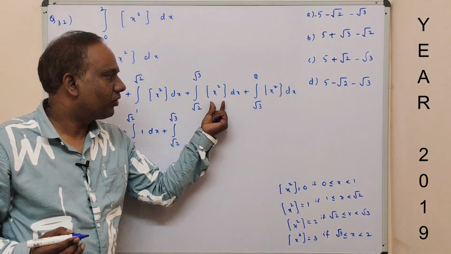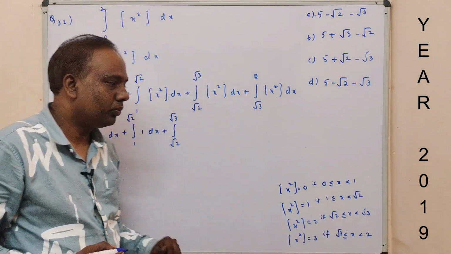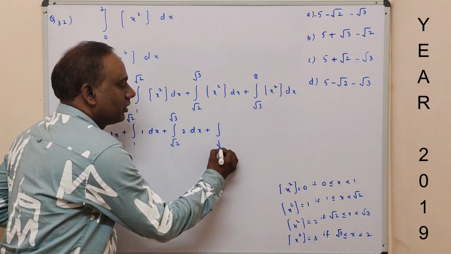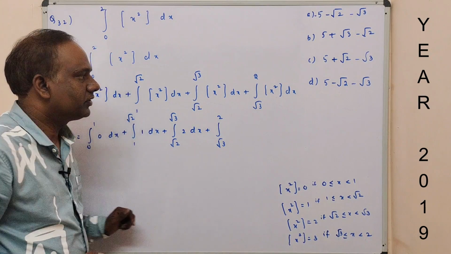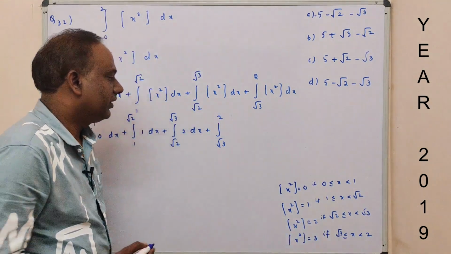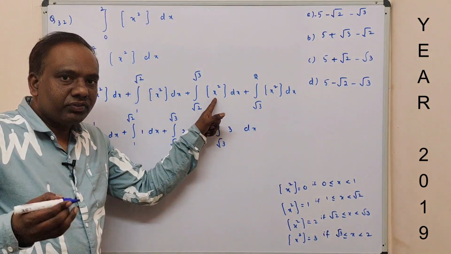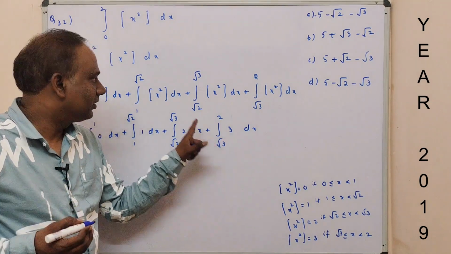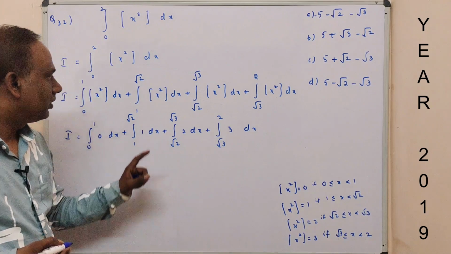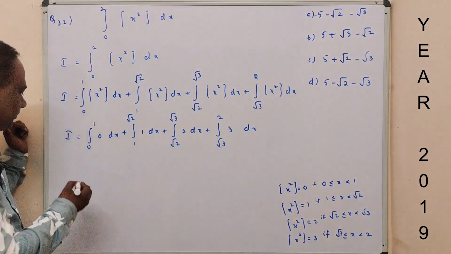The step function of x square in between this is 2, so 2 into dx, and root 3 to 2. The step function of x square in root 3 to 2 is 3, into dx. That means root of 3 square is 3, root of 2 square is 2, and root of 1 square is 1 like that.